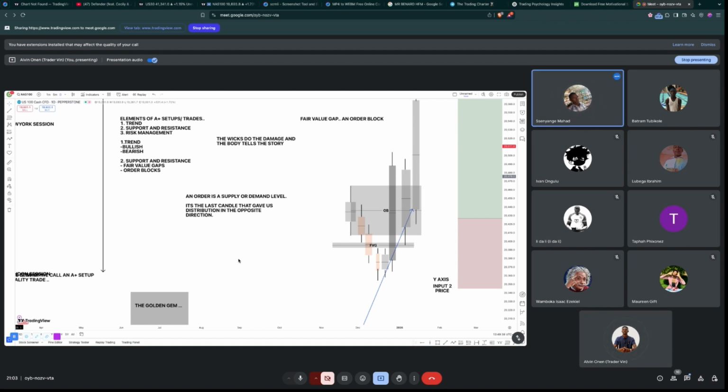We determine that we trade in the fair value gap and then continue in the original direction, or price actually goes through the fair value gap and then we tap into the order block and then continue in the direction.